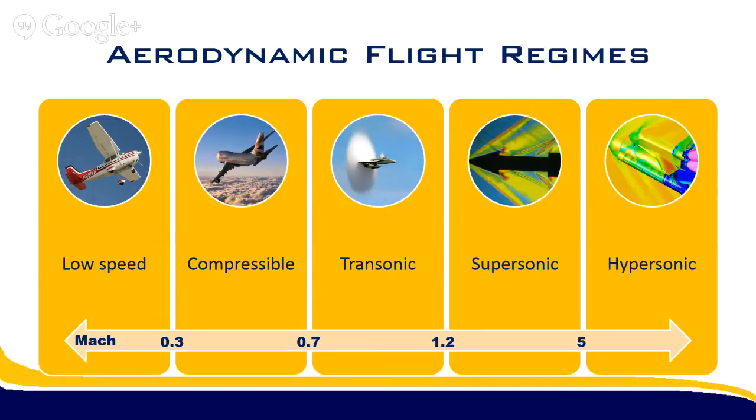Our first flight regime that we'll talk about is the low speed regime, where we consider that air is incompressible. The density is always the same, and that goes from stationary to about Mach 0.3. This is great for little Estes rockets where you're not going very fast, but for most aviation applications and high power rocketry applications, it's generally not true.